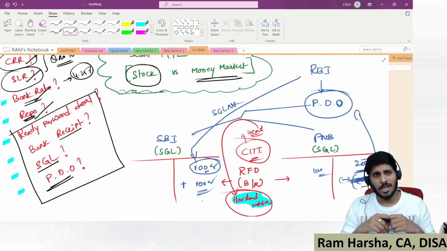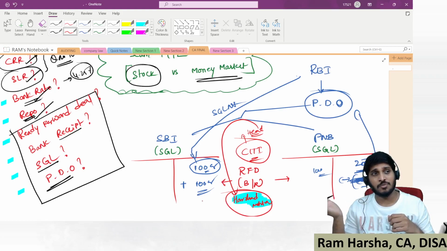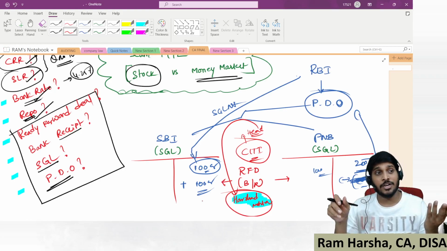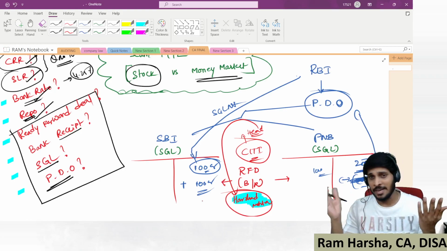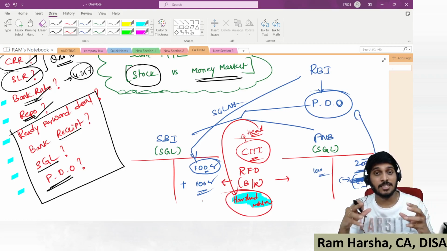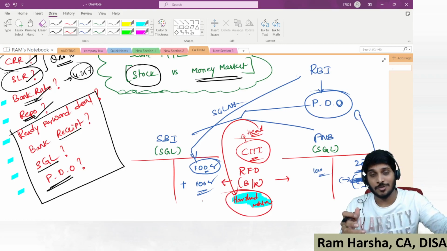Can I help you? I'm a stockbroker, but now I have connections with all the banks. I know which bank has excess money, which bank has excess securities. If you give me that information, if you want securities, I'll arrange. If you want money, you give me securities, I will sell them and arrange money for you." So Harshad Mehta started dealing with the banks, offering low brokerage.